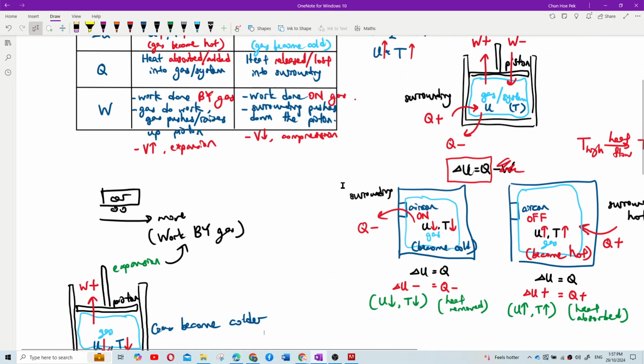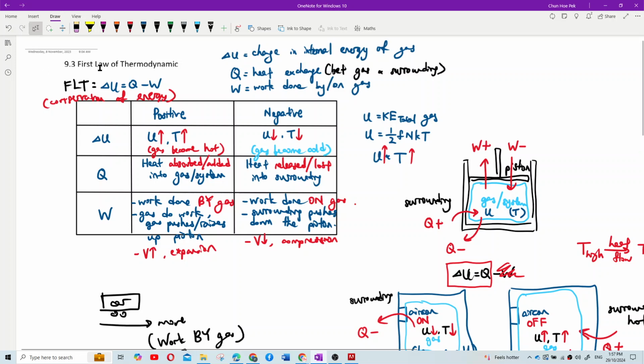So this is first law of thermodynamics. It's all about conservation of energy. Kalau you buat kerja, you hilang tenaga. You punya tenaga akan pergi ke satu tempat lain. The energy must come from either the surrounding or from the gas.